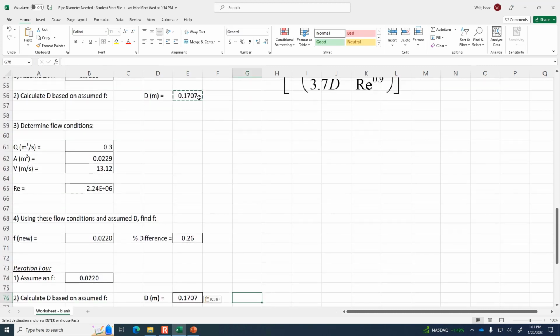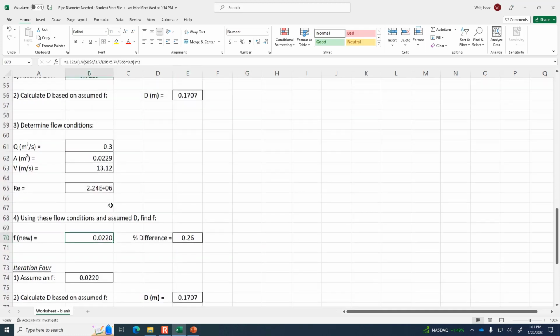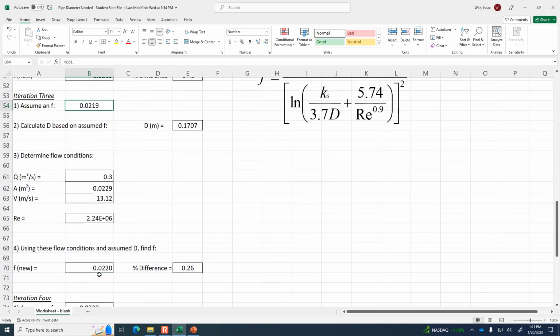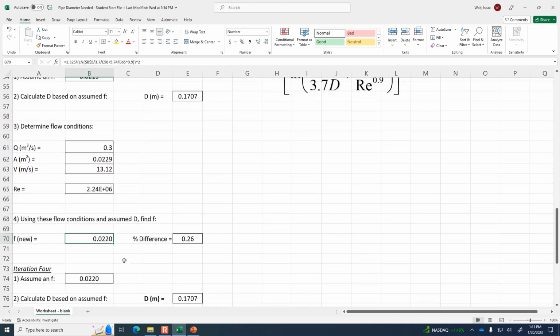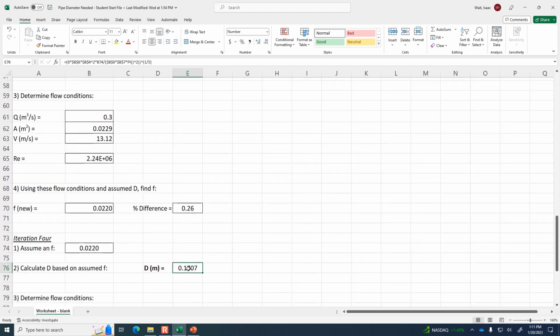It went from 0.1707 to 0.1707. So both the F value has converged from the input to the output within an iteration, and the diameter has also stabilized. So with both of those converged on the answer, we can say that the diameter that this should be built is 0.1707 meters.